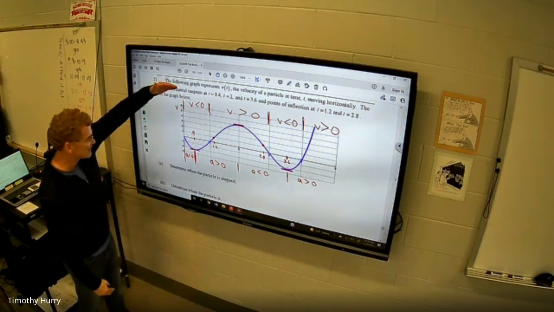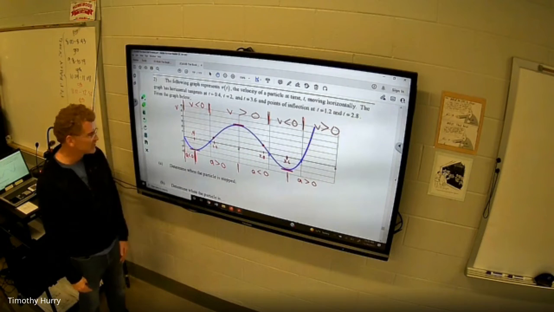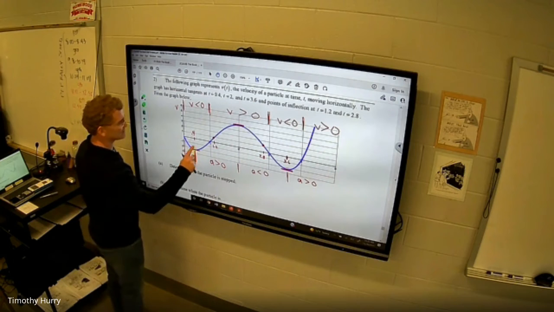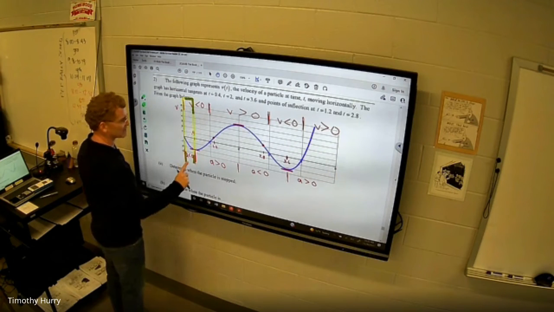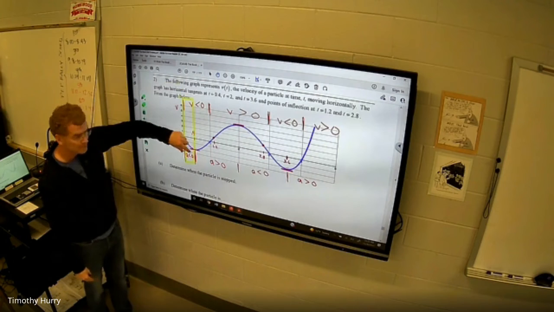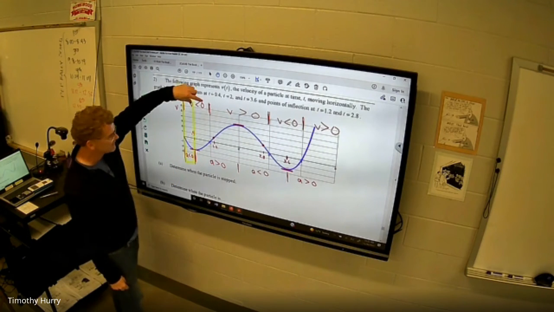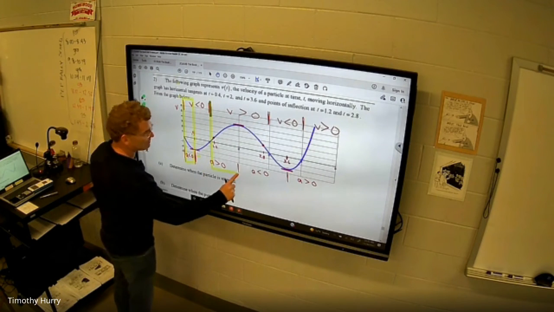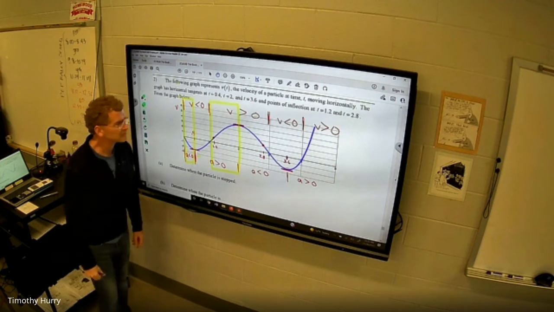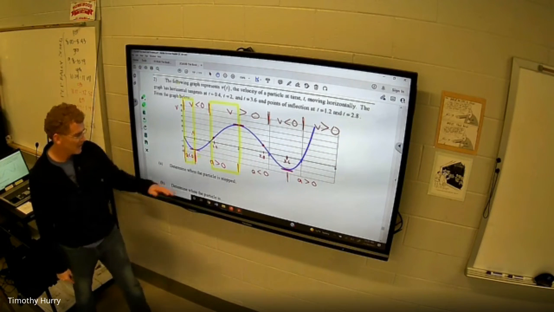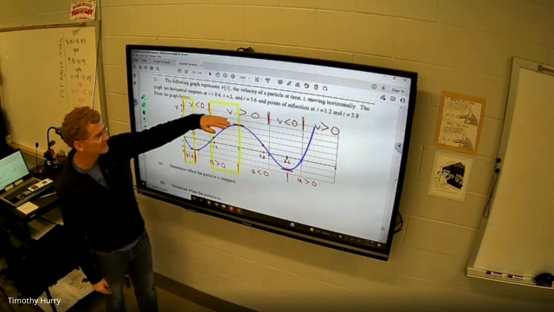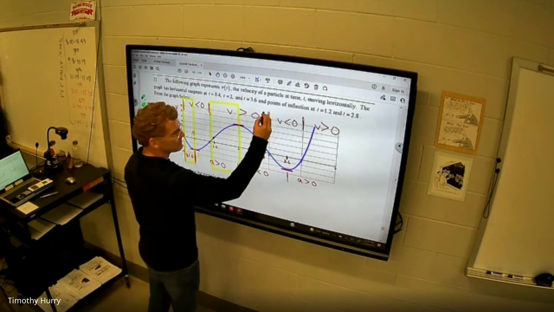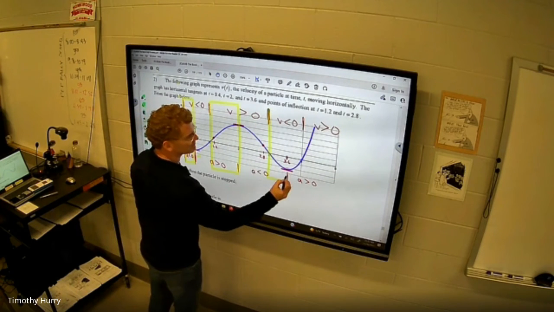So looking at velocity and acceleration, where do you see the same signs? I see the same signs. V is negative, A is negative, all in there, right? Then I see V negative, A positive there. But then here I see A positive, V positive. Are you seeing that? But here I see V positive, A negative. But look, it changes again, V negative, A negative.